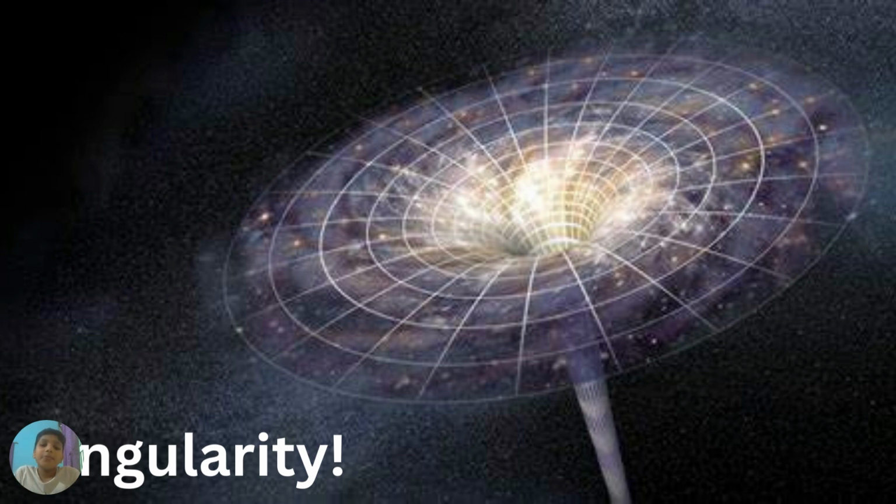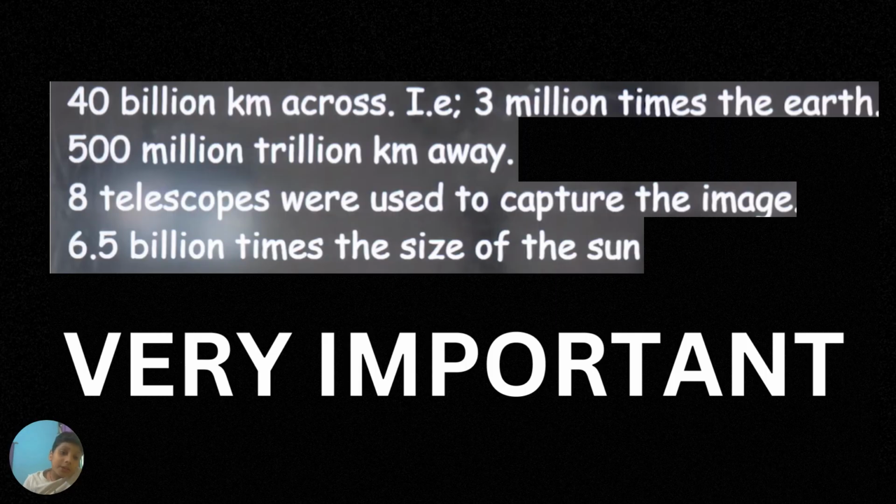Singularity is some area where time, the fabric of space, or even distance has no meaning, no definition. Right. So singularity is a huge topic. I have just briefly explained. It is not possible to explain in one video, like the neutron stars.